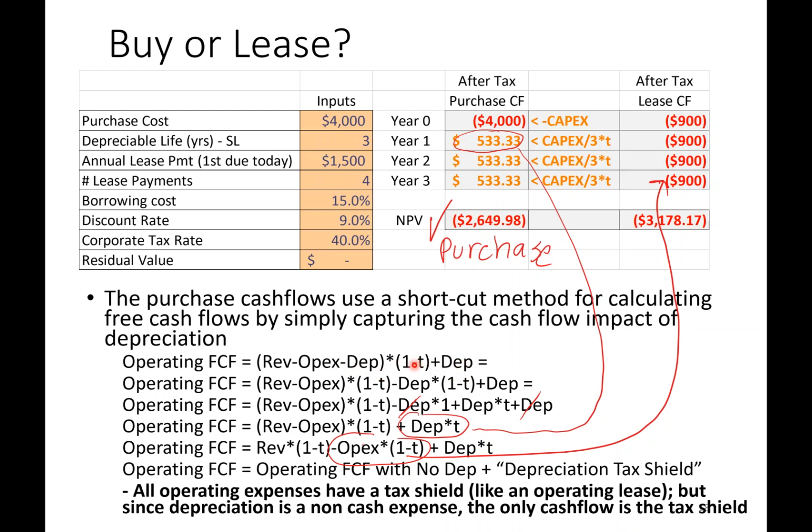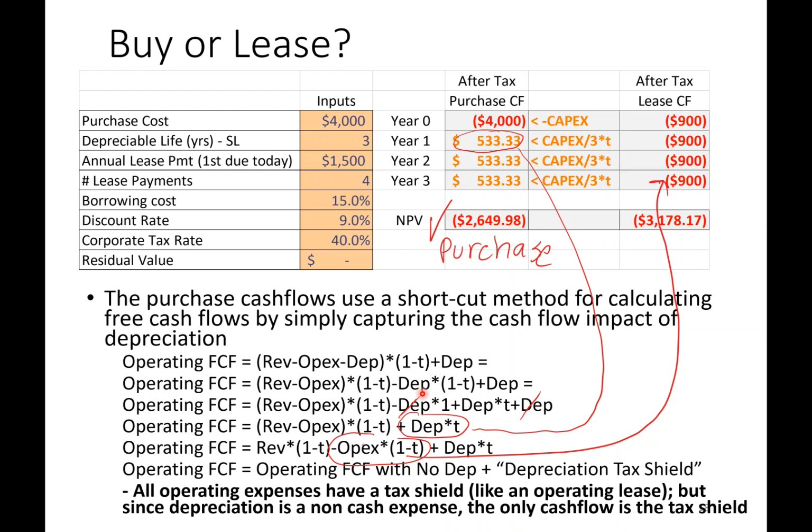But I want to rewrite this. I want to pull out the depreciation from this summation. So it's my revenue minus OPEX, that's my EBITDA after tax, minus my depreciation expense times 1 minus the tax rate, plus depreciation. All I did is pull out the depreciation from this part of the equation.